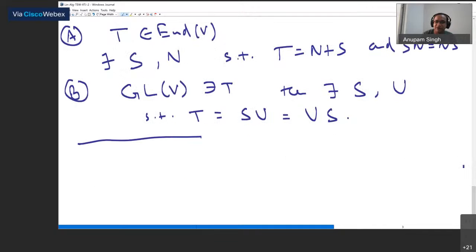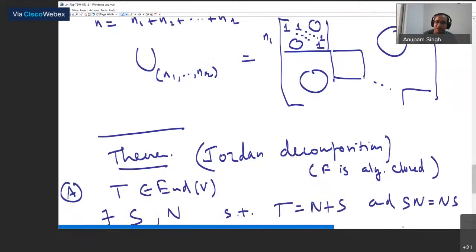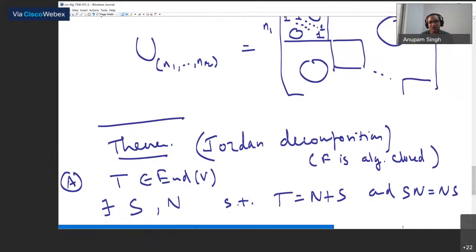In this statement, I assumed in Jordan decomposition that F is algebraically closed. Although these things can be proved in a more general setting, I would have to define what diagonalizable means and things like that. The more general definition of diagonalizable is what is called semi-simple. That's why I'm using the notation S. But right now, let's not worry too much about it. For example, F could be the complex numbers. So this is certainly true for that.